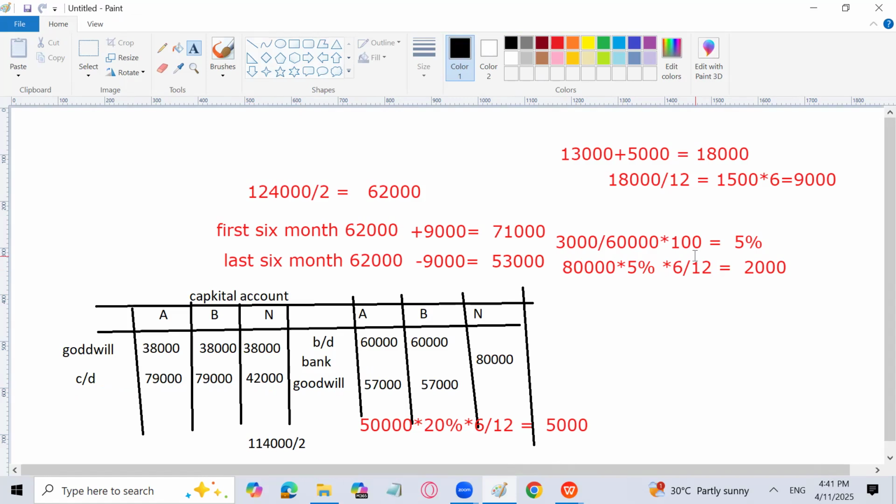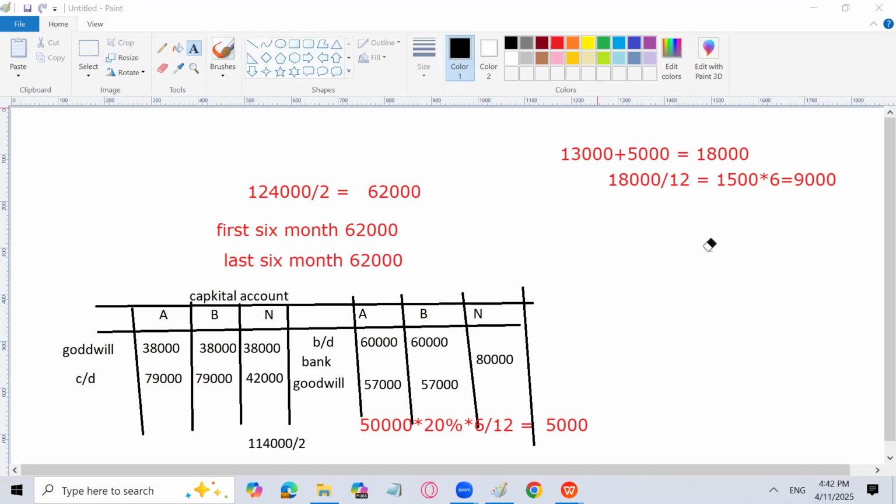Now we are going to prepare the current accounts. And for that, I'll try to wrap this up. 7153 we have already calculated. That is the profit for the year. So I will wrap some part of the portion and some I will continue to write here. Okay.